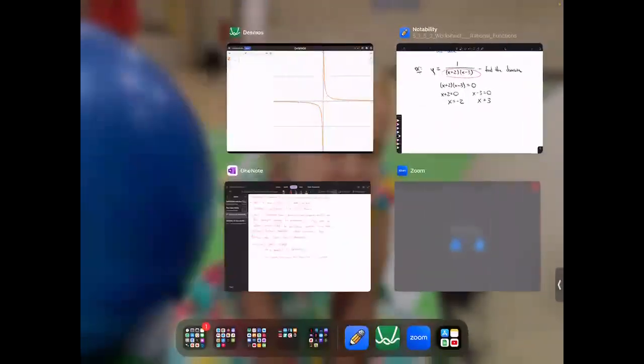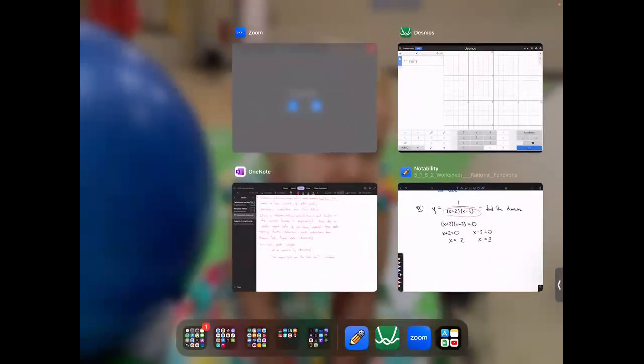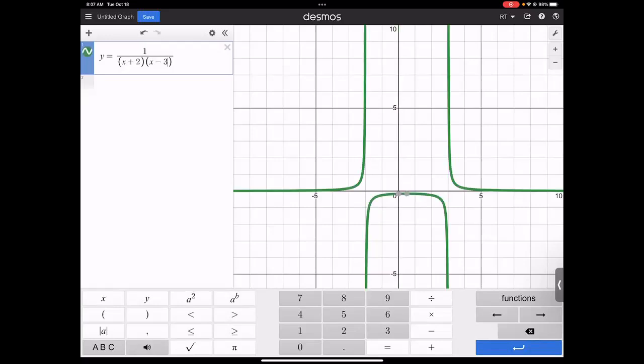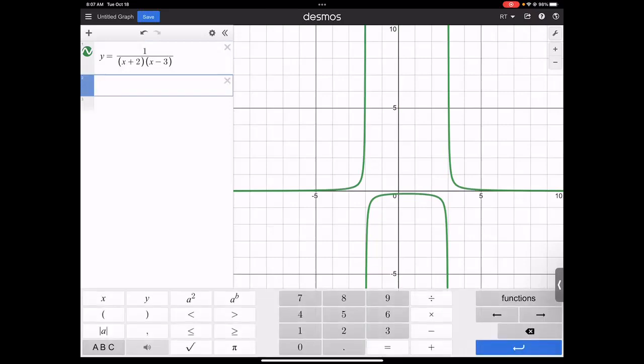If you want, we can look at this thing real quick. -2 and 3 were the points that we came up with, and look at what happens at those x values.